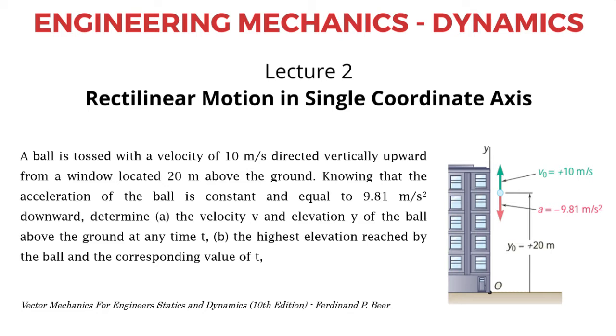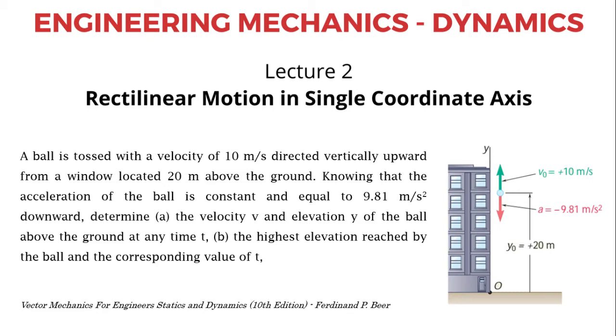Knowing that the acceleration of the ball is constant and equal to 9.81 meter per second square downward, determine: A, the velocity v and the elevation y of the ball above the ground at any time t. B, the highest elevation reached by the ball and the corresponding value of t. C, the time when the ball will hit the ground and the corresponding velocity.